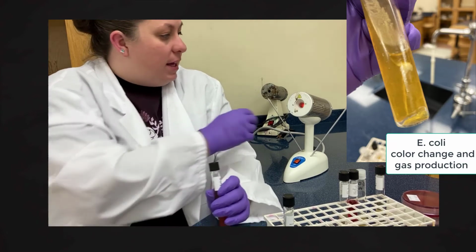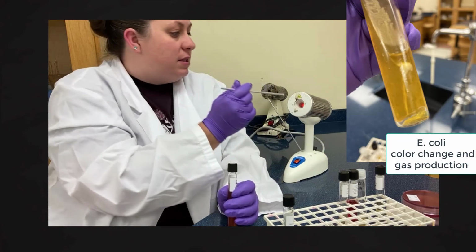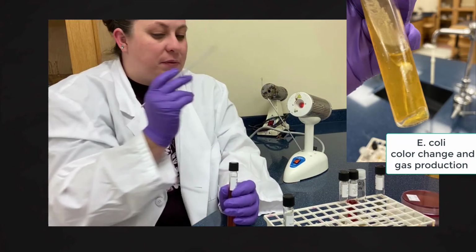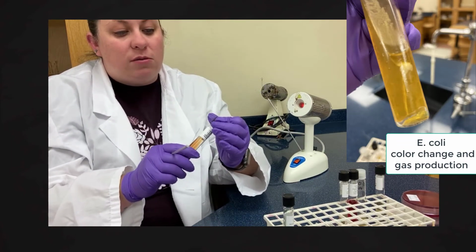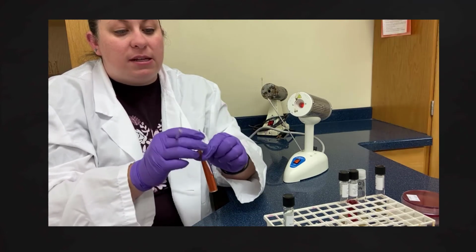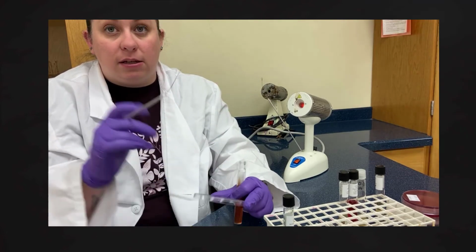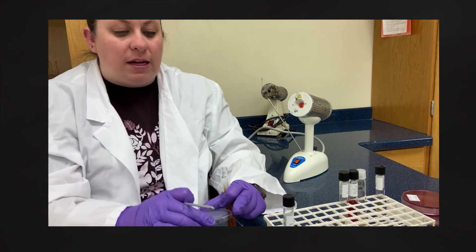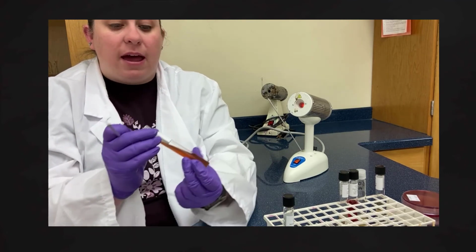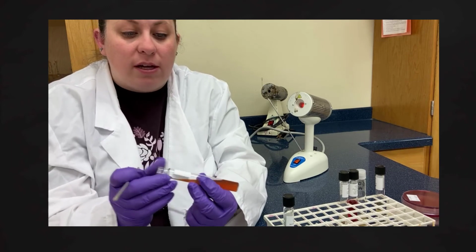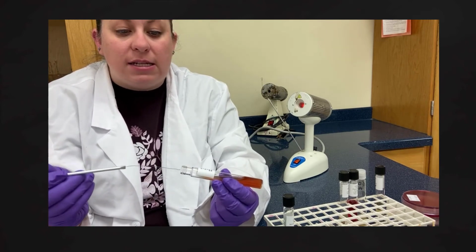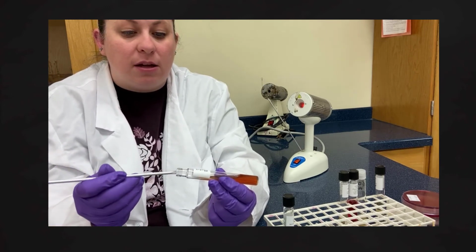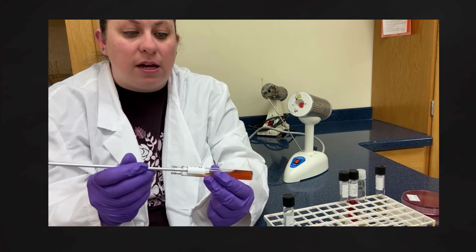Okay, so again, we're going to use our needle, sterilize it. We're going to do the same thing we did with the deep, in the sense that we're going to collect a little bit of the bacteria onto my needle. I'm going to have to hold it a little bit at an angle here because I'm going to go down into the deep. Okay, so I'm going to go down in here, straight down.